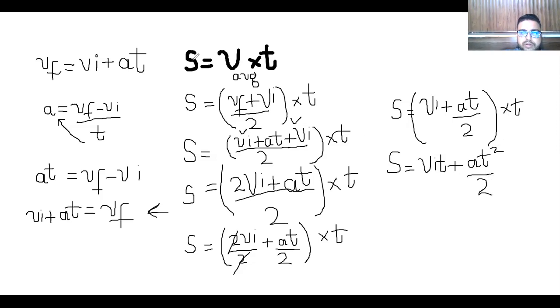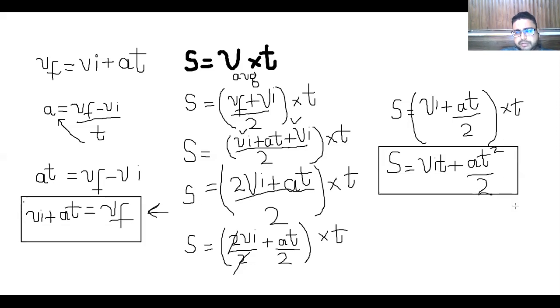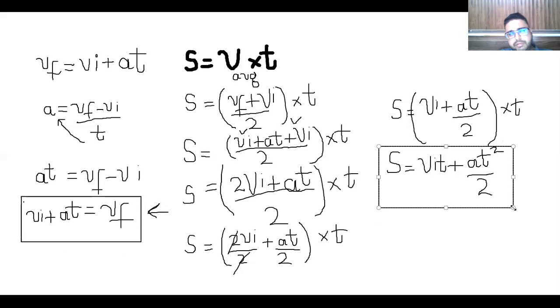So here on the screen you can see we have a couple of equations now. This is the first equation that we have derived, and this one is the second equation that we have just derived, right?